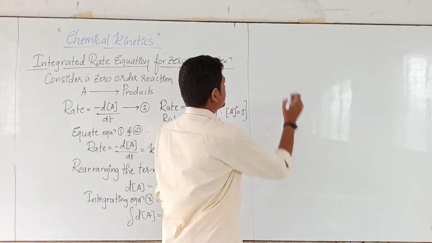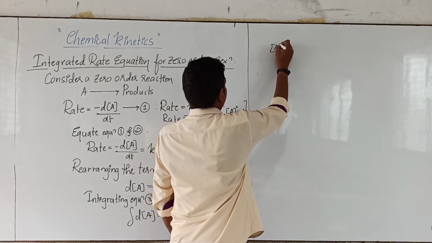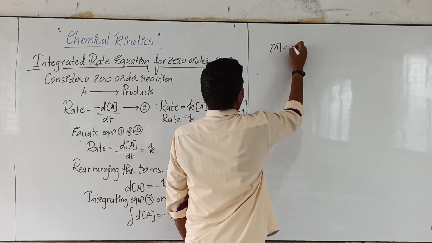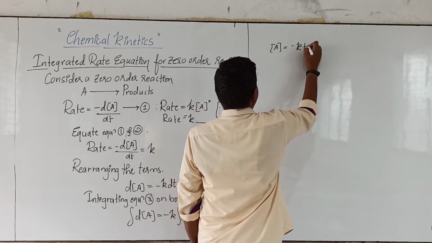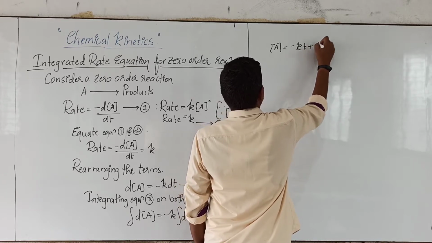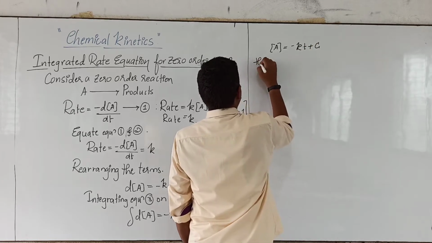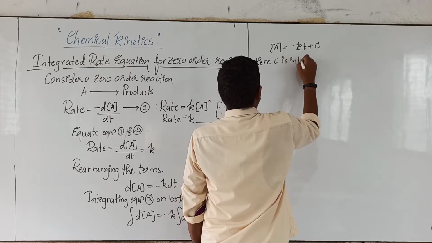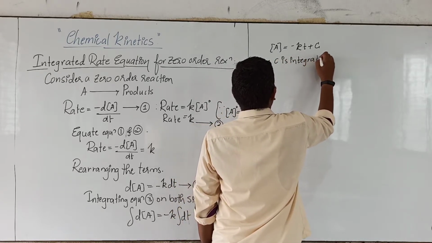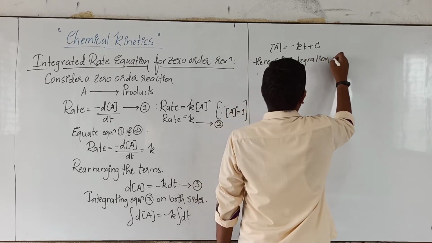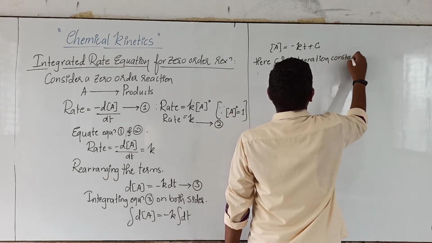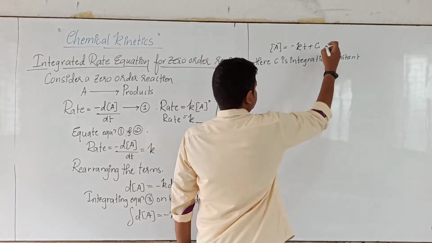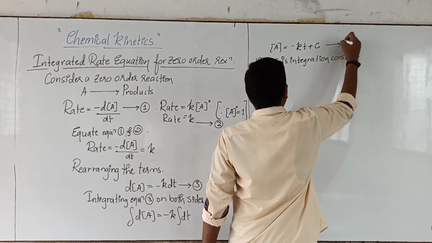We will get the concentration of A is equal to minus kt plus C. Here C is the integration constant. Let's call this equation number 4.